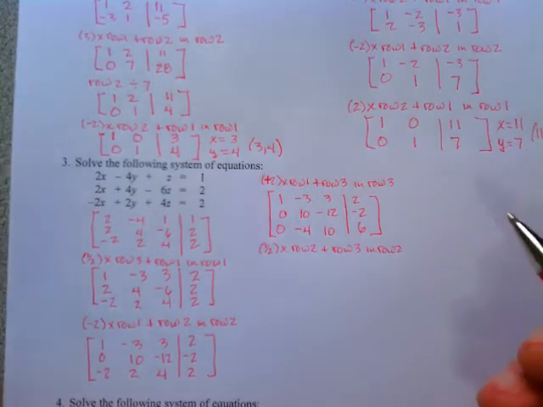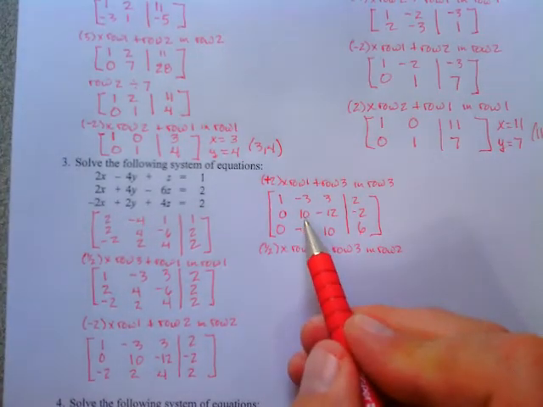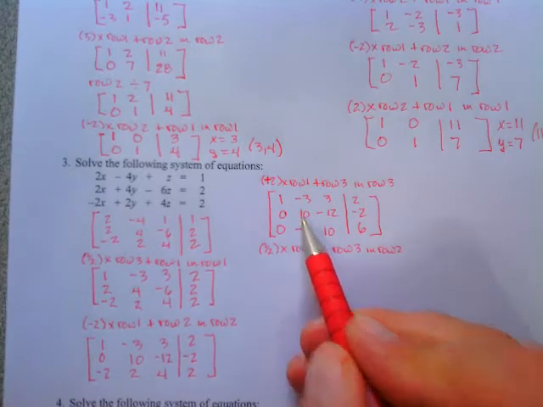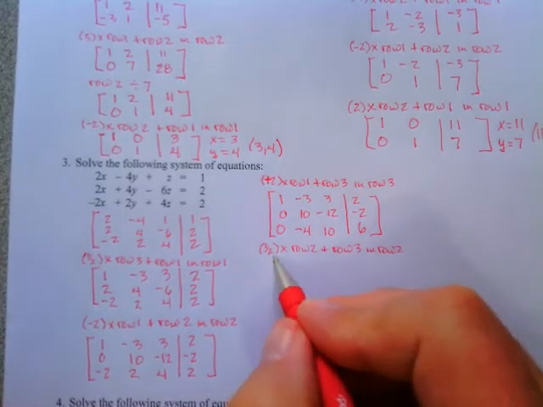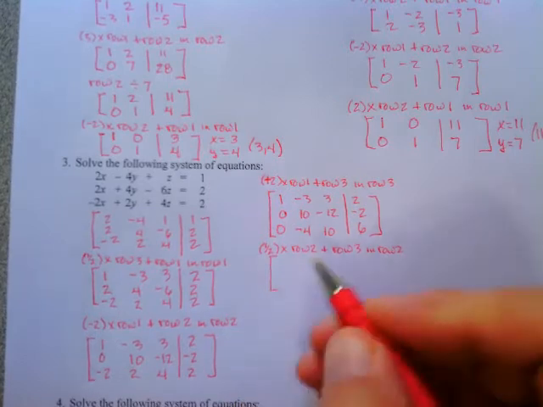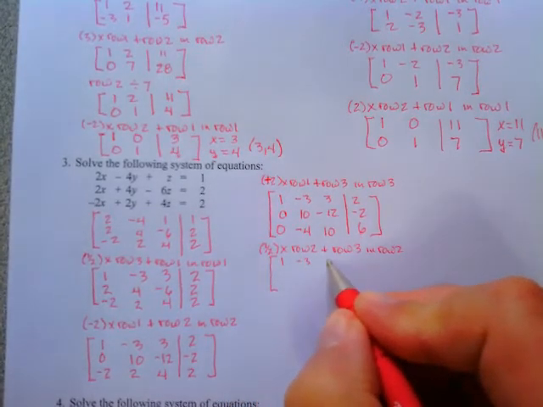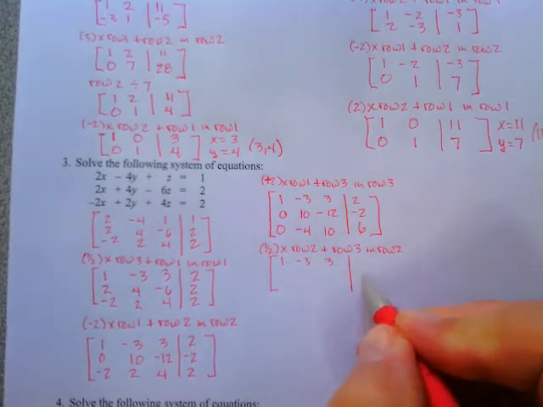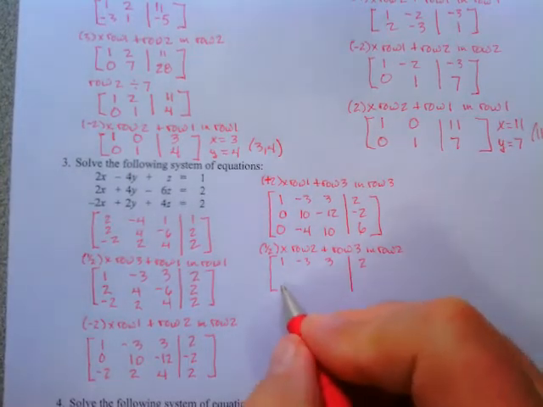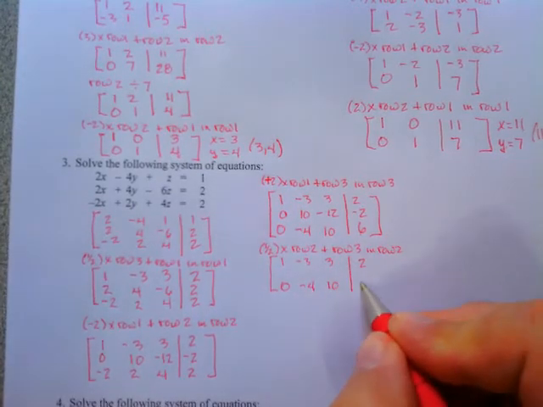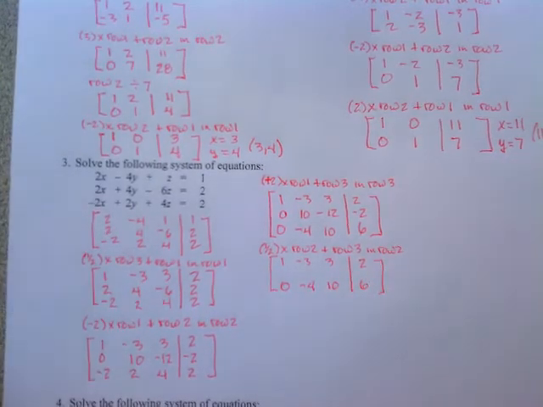Now I know that's a little bit complicated, but half of 10 will be 5, and then 5 added to the negative 4 will give me a 1 there. That's what I'm looking for. So, not changing the top row in this case, and I'm not changing the bottom row at this point, just changing the middle row.